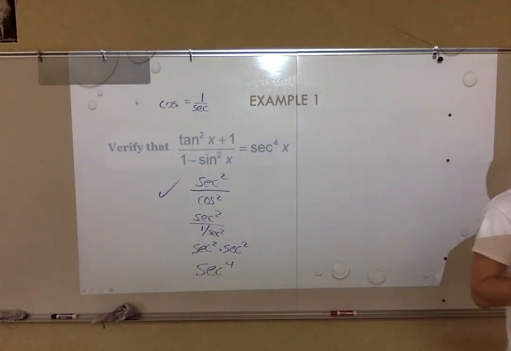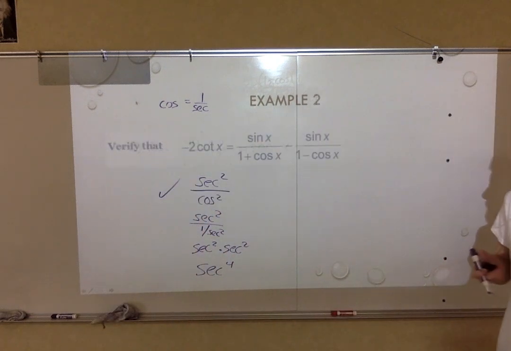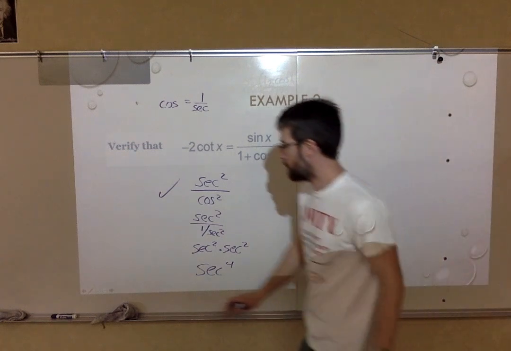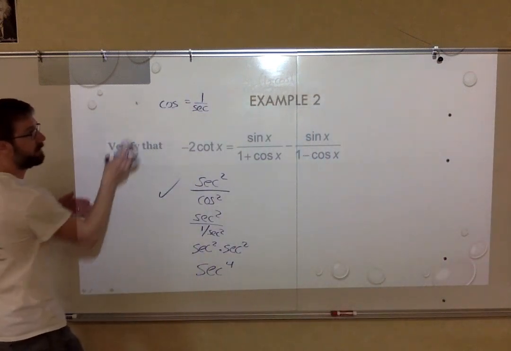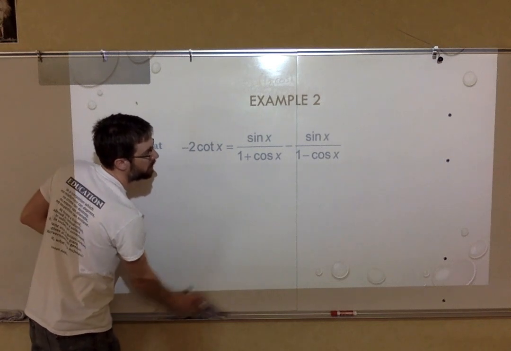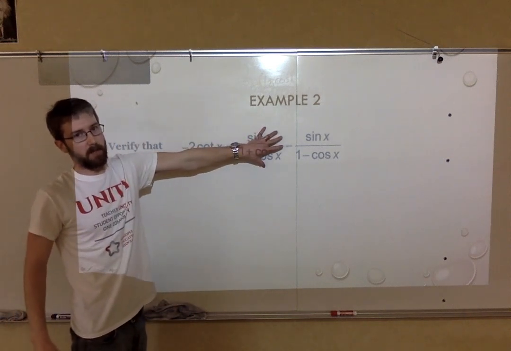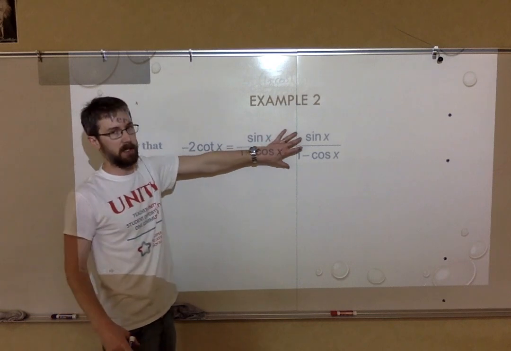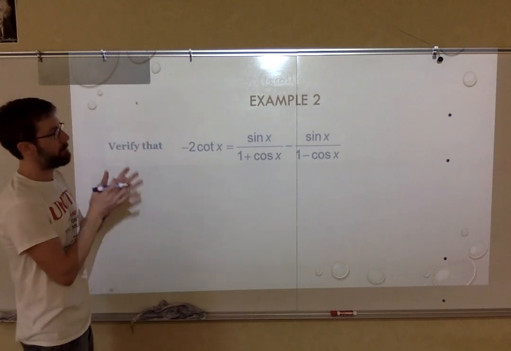All right, next one. This one looks a little more complicated. That's all right. This side is definitely bigger than this side, so I'm going to focus on this one.